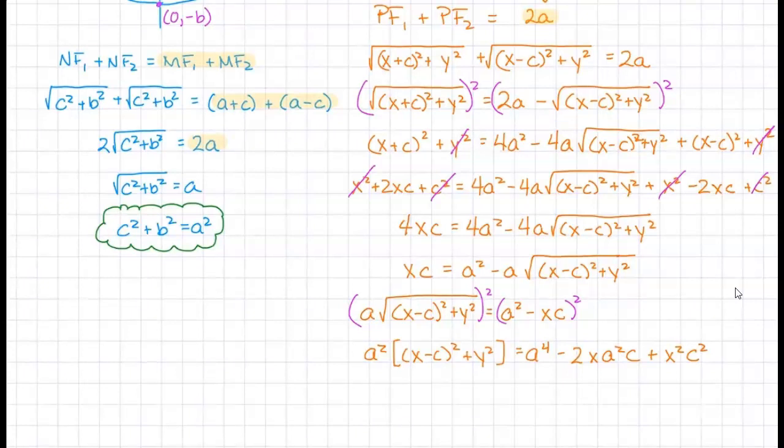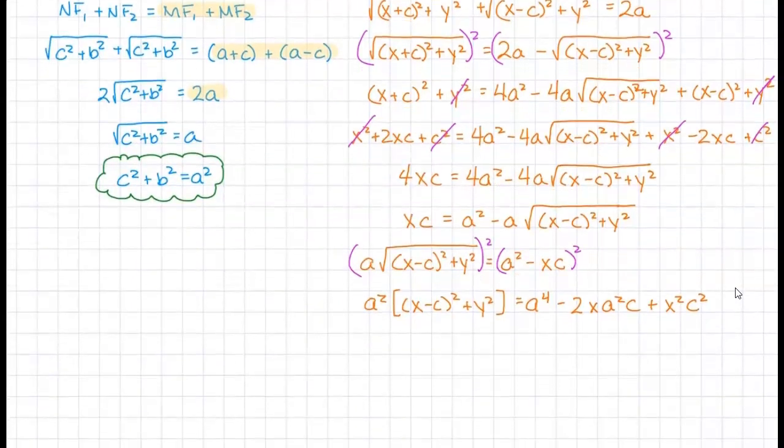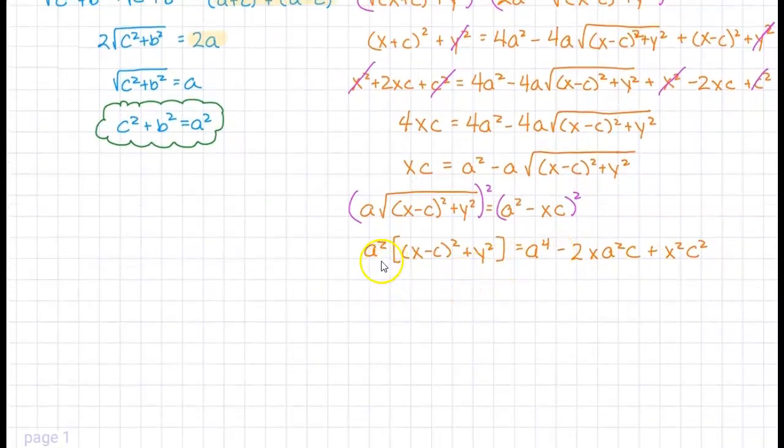Well, I guess the good news is I don't have a radical anymore, but boy, this sure looks messy. All right, so I'm going to clean it up a little bit. One thing I can do is, there's almost an a squared in every term, but not this one. Let's just divide everything anyway. I'll make a fraction, but that's okay.